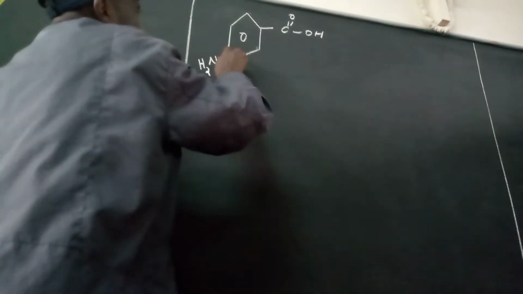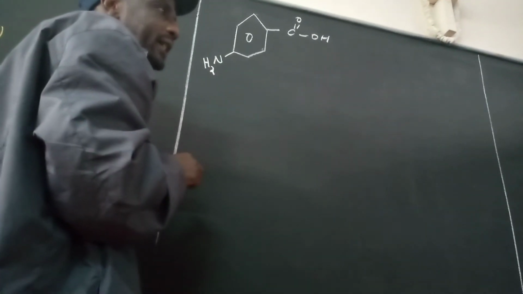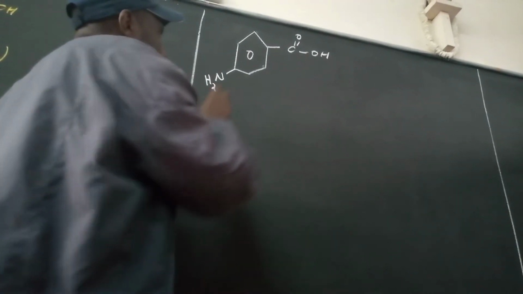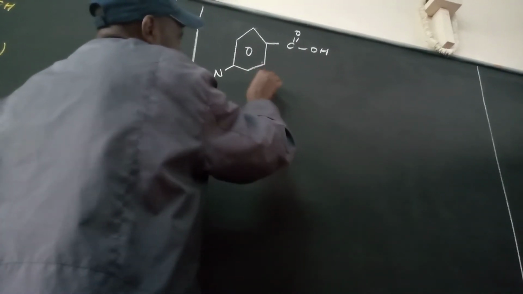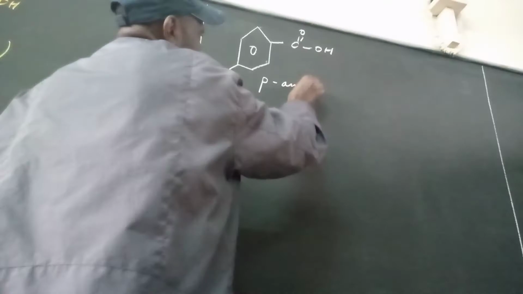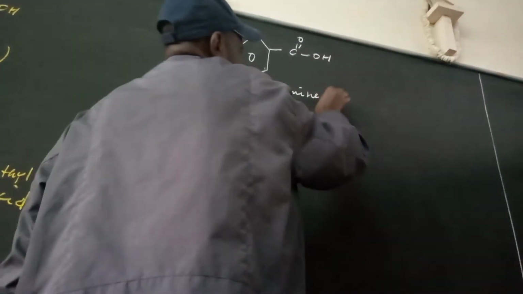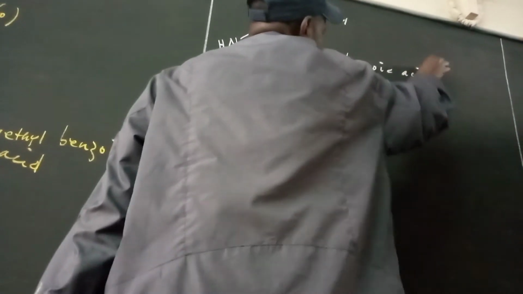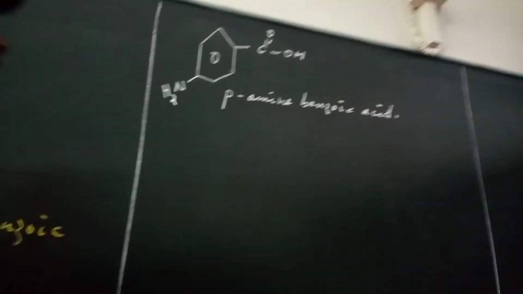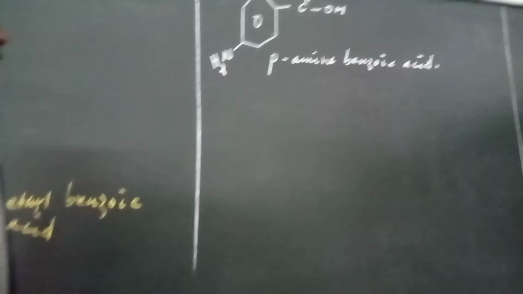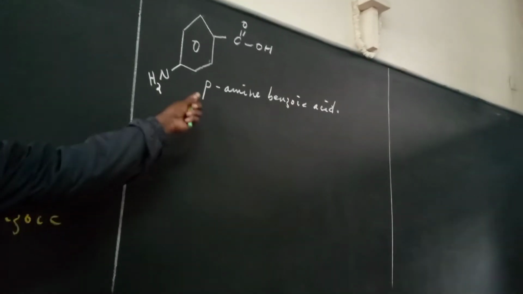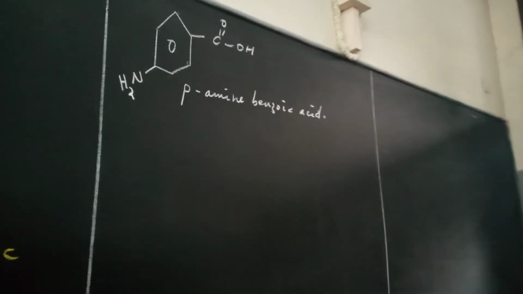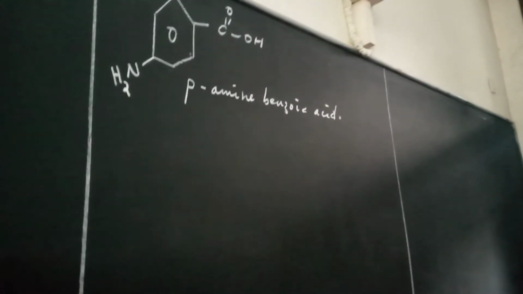The fourth carbon is known as the para position. Therefore it is known as P-amine benzoic acid, or 4-amine benzoic acid, the IUPAC name. This is a common name for this acid.